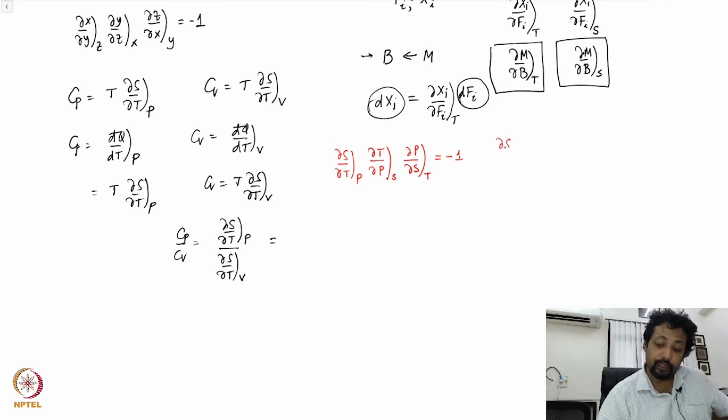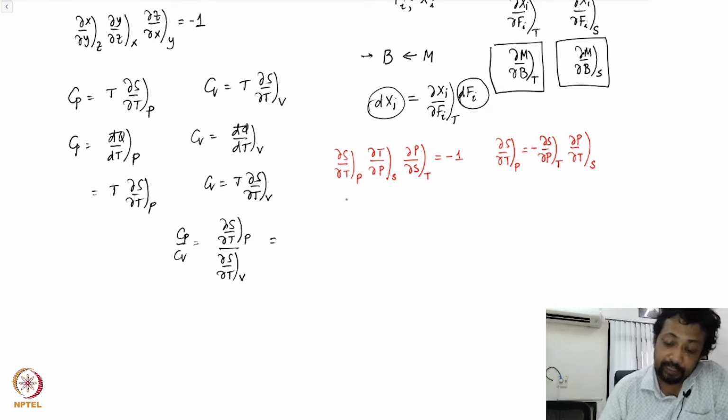So therefore you get (∂S/∂T) at constant pressure is equal to (∂P/∂S) at constant temperature divided by, let's see, we want to write that properly here. So (∂S/∂P) at constant temperature, times (∂P/∂T) at constant entropy, with a minus sign.